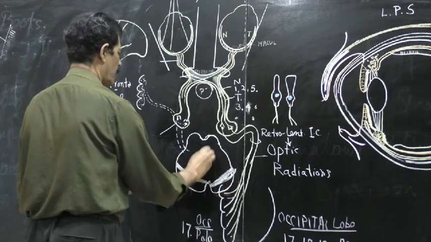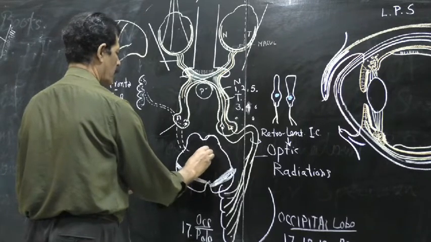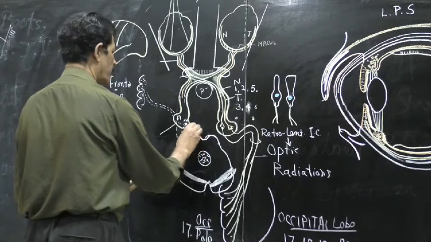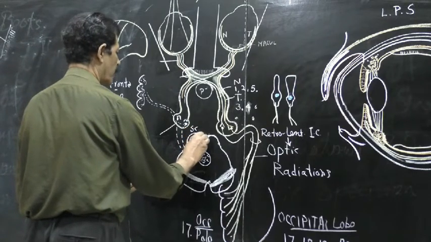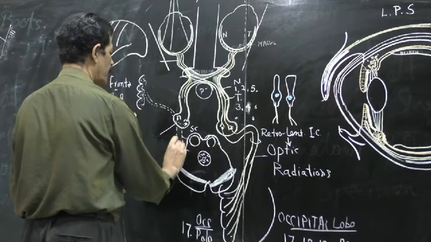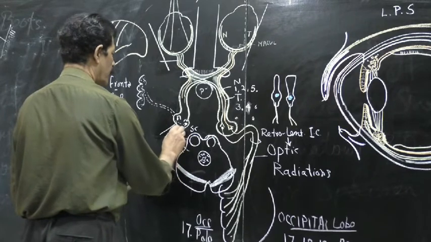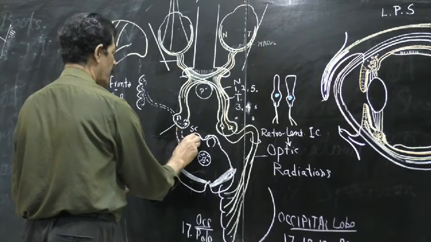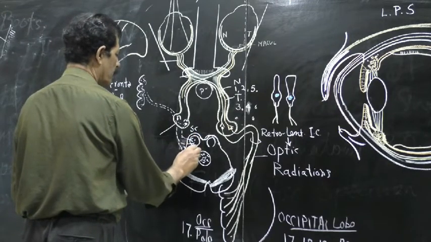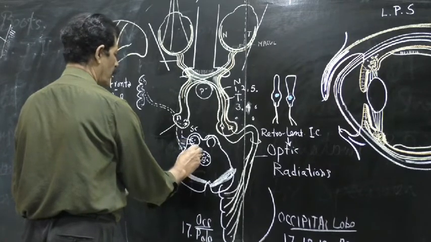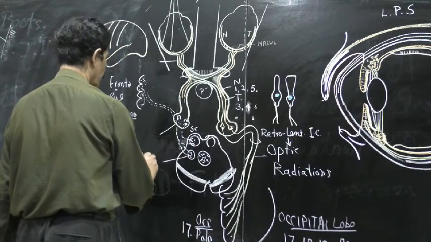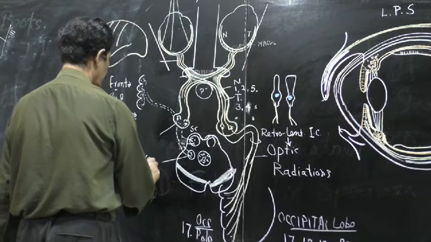Around the cerebral aqueduct, there is a para-aqueductal gray matter. This is the superior colliculus, which is made up of gray matter. So these fibers from the lateral geniculate body enter into the superior colliculus and relay there. And other fibers also go and relay into the pretectal nucleus.